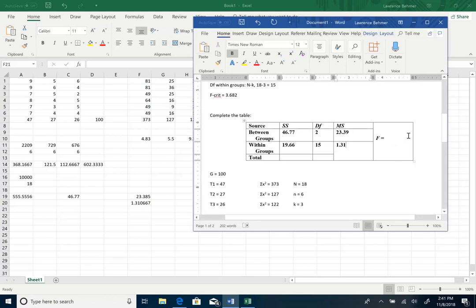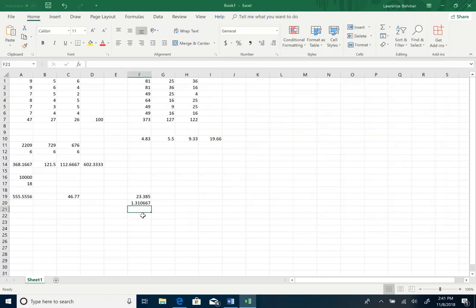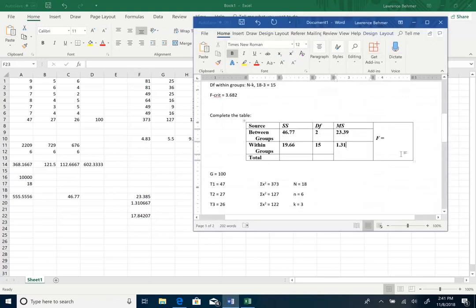To figure out what our F value is, we're simply going to take our mean squares for between groups, divide it by our mean squares for within groups, and that'll give us our F statistic, right? So we're going to go 23.385 divided by 1.31. So we get a huge F value, 17.84.